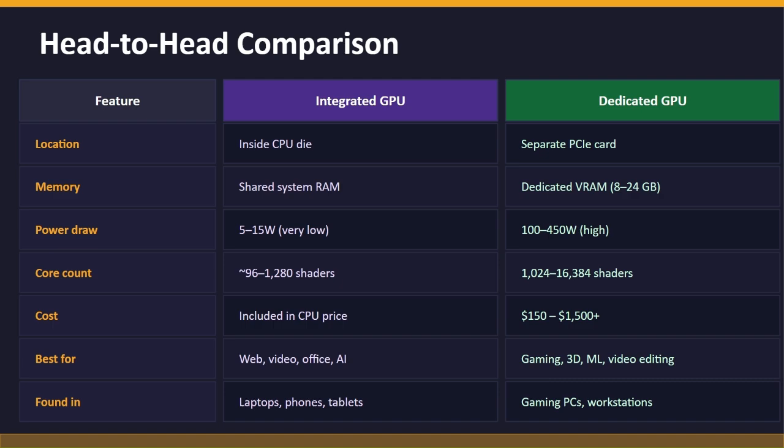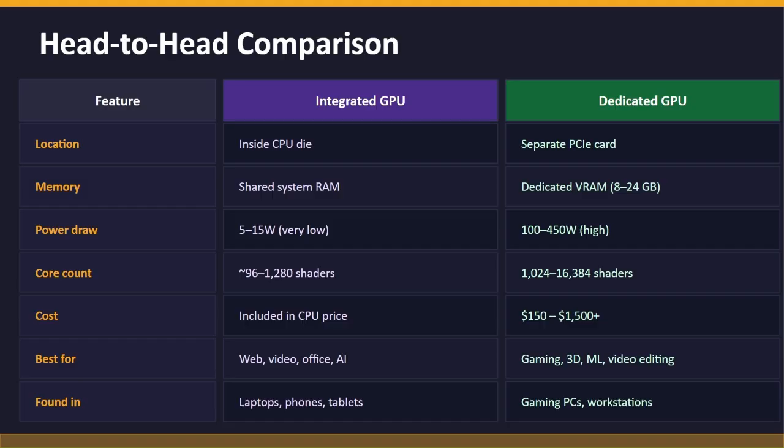1280. That means they can perform that many different tasks, compared to the dedicated, which has almost 1000 to 16,000. The cost of the GPU is included with the integrated, in the CPU, and the dedicated you have to buy separately.